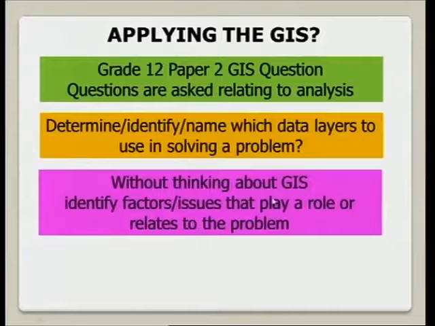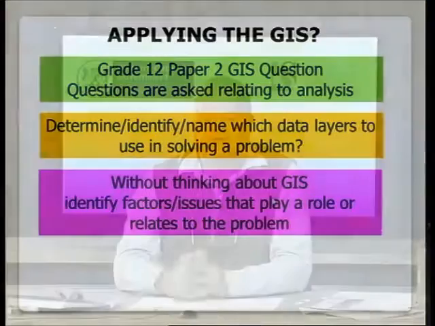Now, what I would like you to remember is, when you deal with these questions, have a look at what is said about the question, because that is only to create a little issue or a geographic problem. In that question, you'll be able to recognize also the concept, what it's going to be about.